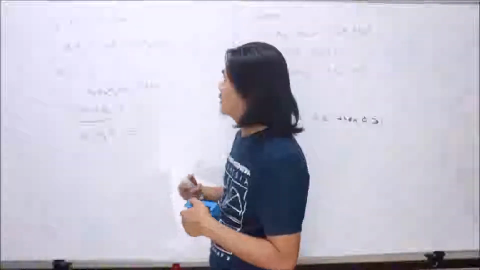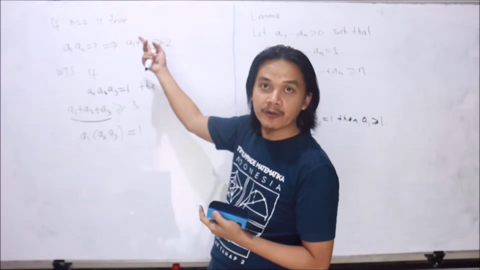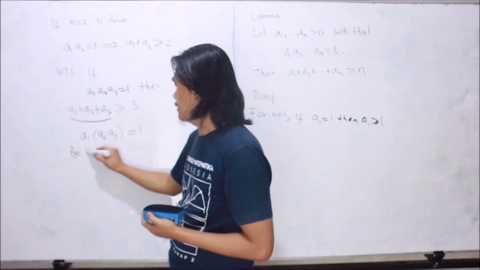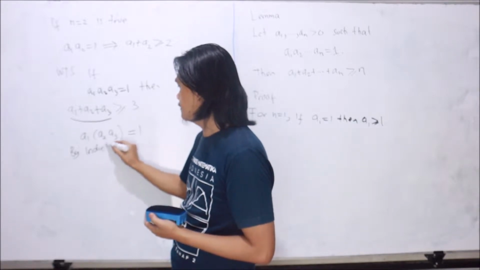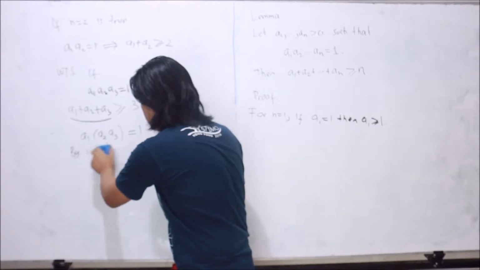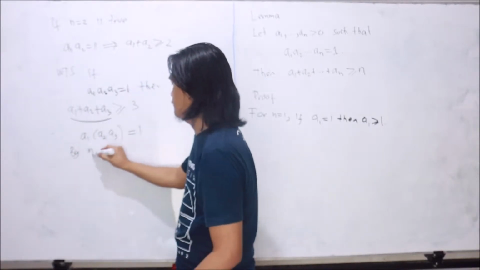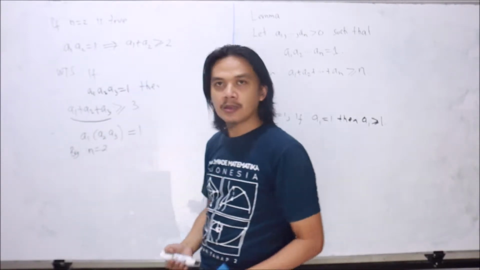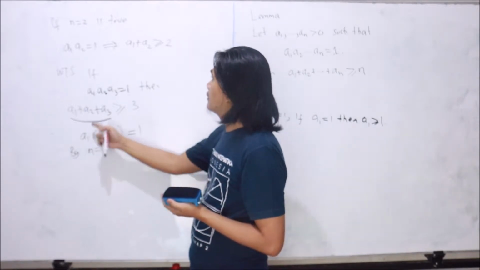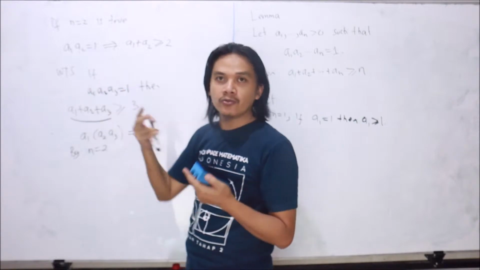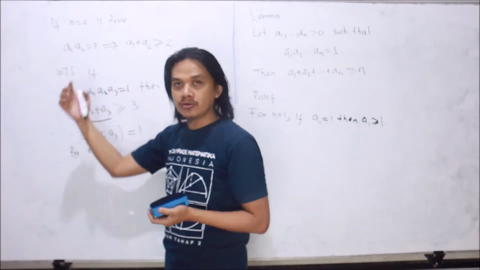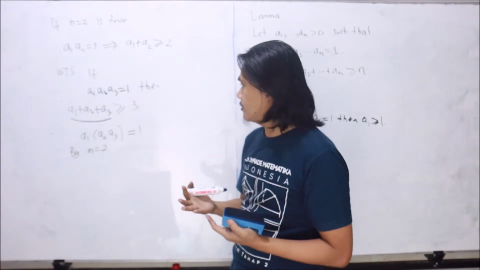Then, according to the induction hypothesis, by n equals 2, what can we infer? If we have two numbers so that their product is equal to 1, then the sum of the two numbers is greater or equal to 2.